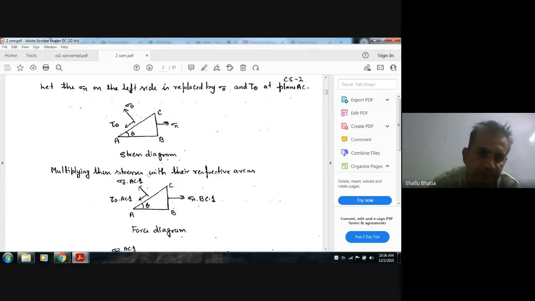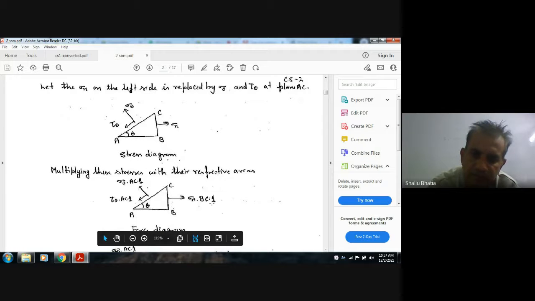Now if we multiply sigma x by area, what is the area? The tensile or compressive stress is perpendicular to the paper, so the area is BC and the thickness of the object, which is 1.